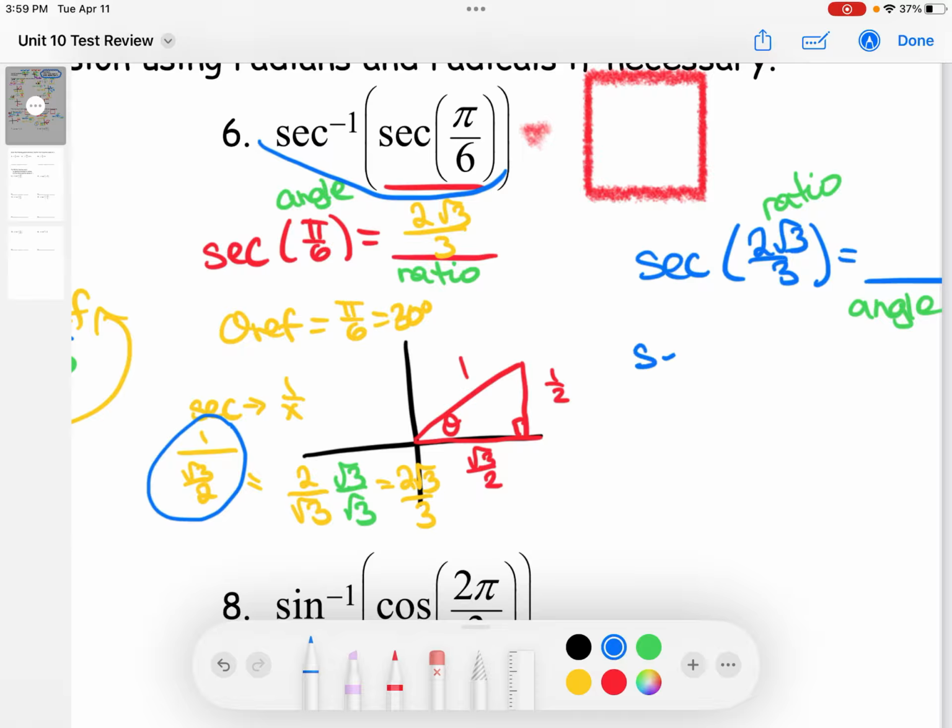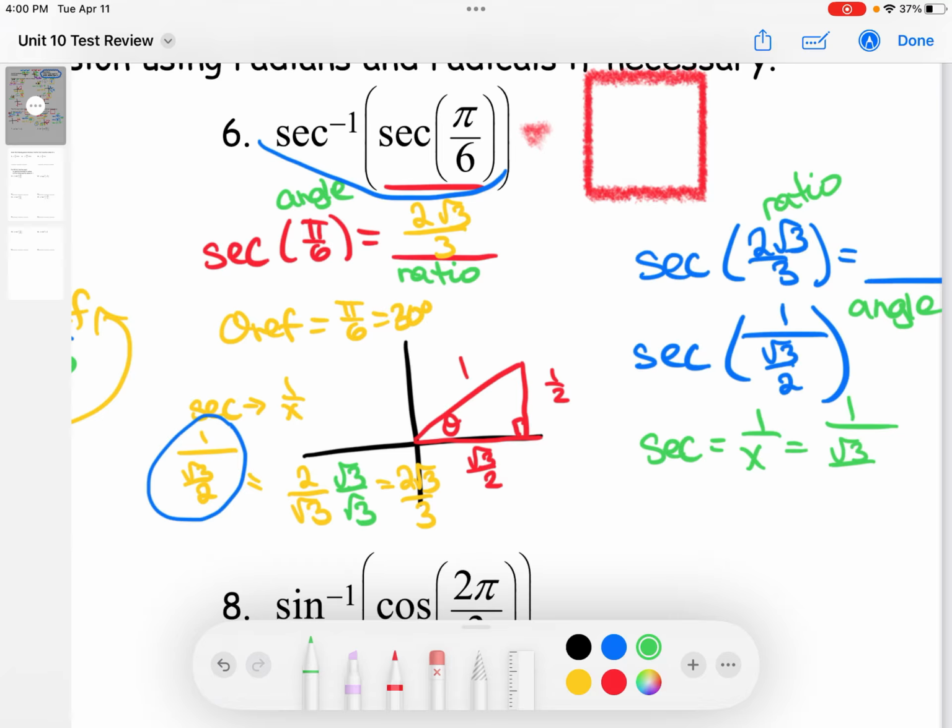So think of this as secant inverse of 1 over square root 3 over 2. Okay, so what that lets us do is secant is 1 over x, which is 1 over root 3 over 2, meaning that x is root 3 over 2.